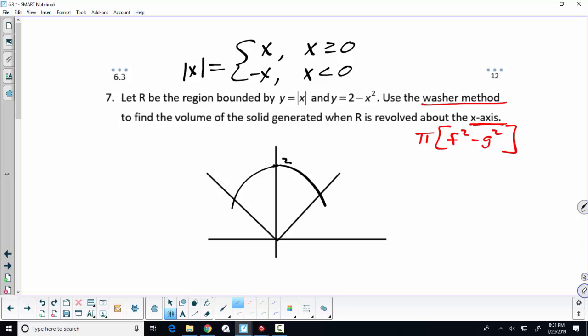I didn't draw it as perfectly as it is, but is there symmetry with respect to the y-axis? Yes. Okay, with the symmetry in mind, instead of taking this entire thing and rotating it around, let's just look at this half and revolve it around, because that's going to achieve the same effect as if we took the whole thing. Just like whether you take a whole circle or a half circle and revolve it, you still get a sphere.